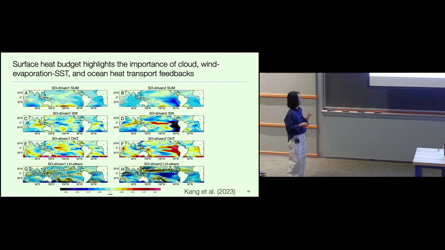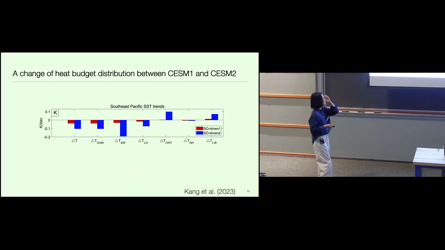If we look at the wind-driven latent heat contribution, it's also very strong, but further away from the coast in the subtropics, where the climatological winds are very strong and strongly enhanced in this situation. So the heat budget composition has dramatically changed when you increase the strength of the low cloud feedback in the coupled model. A summary of that is to average those terms, focusing on the Southeast Pacific triangular region.